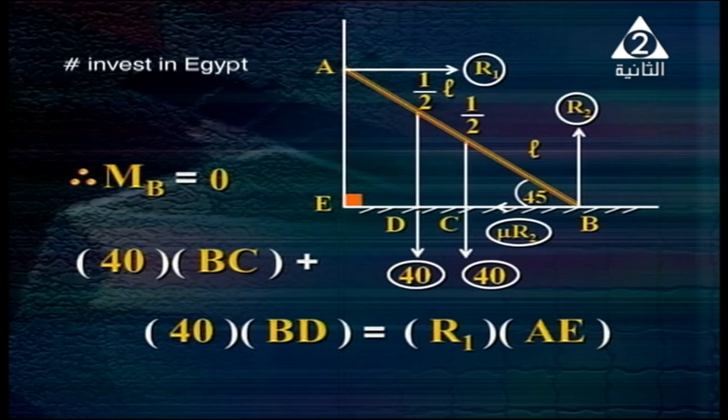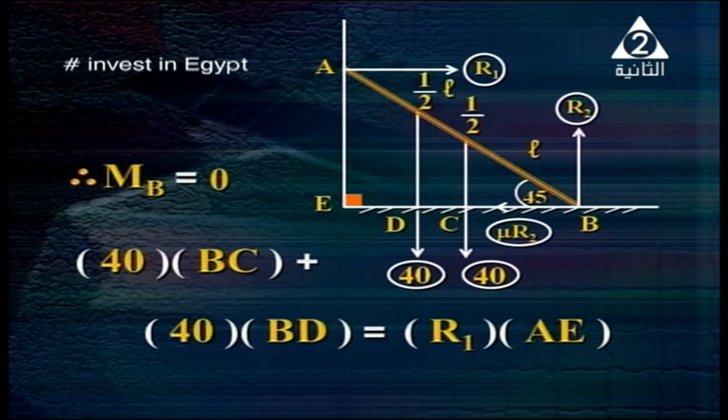Look at, my dear student, what is the length of BC? What is the length of BD? We join the length BC by using L. What is the relation between BC and L? BC equals L cosine 45. Also, what is the relation between BD and L? We join by using the cosine.